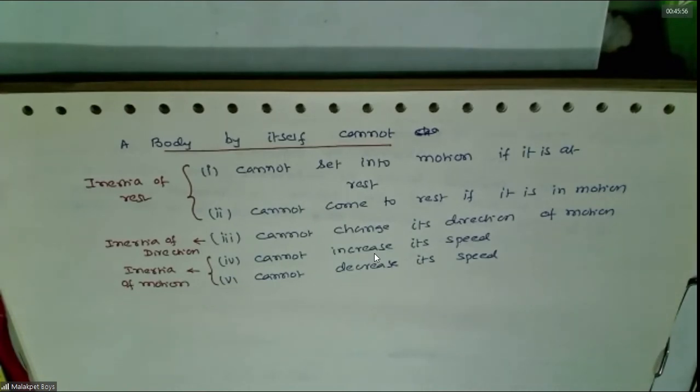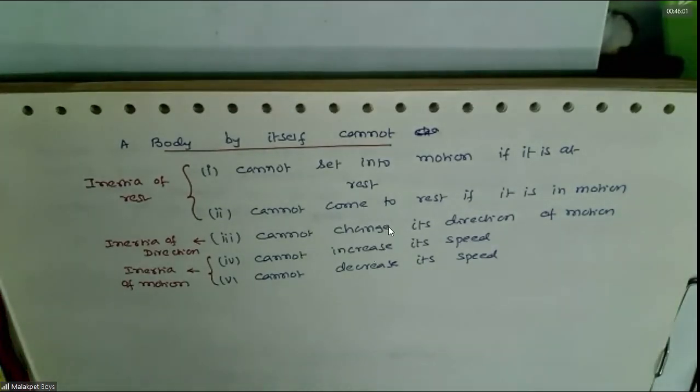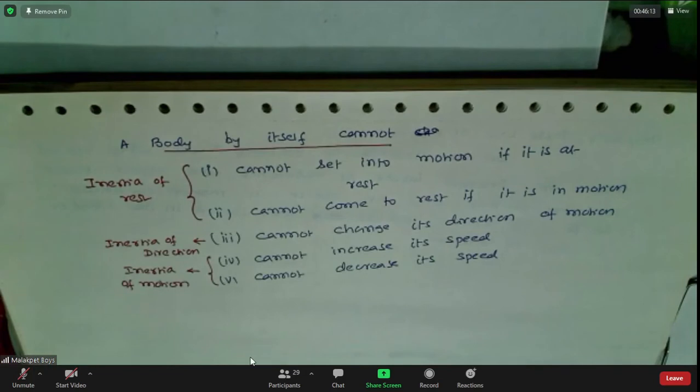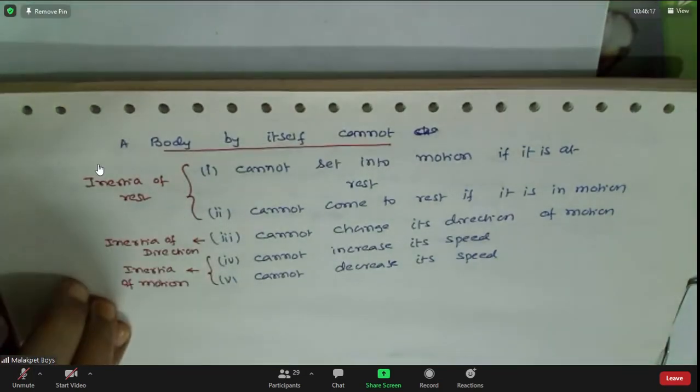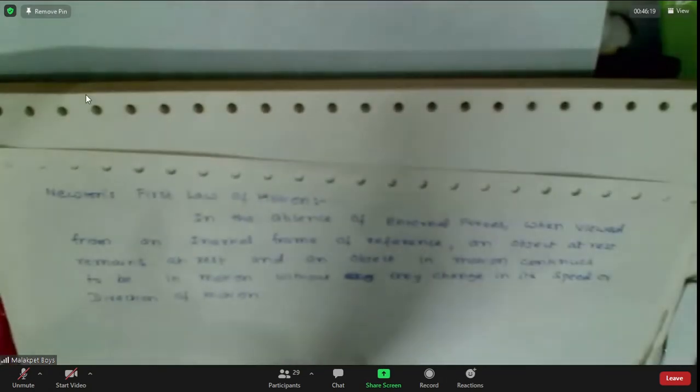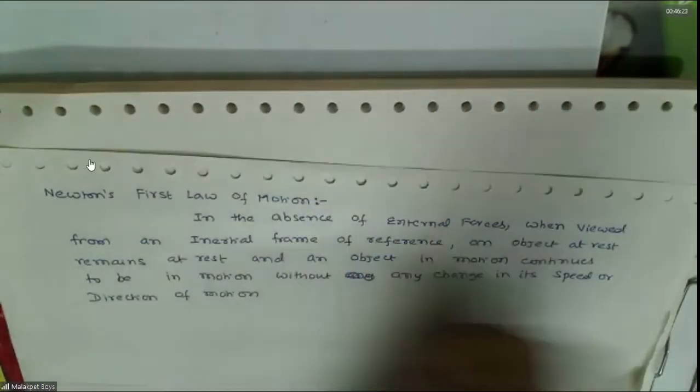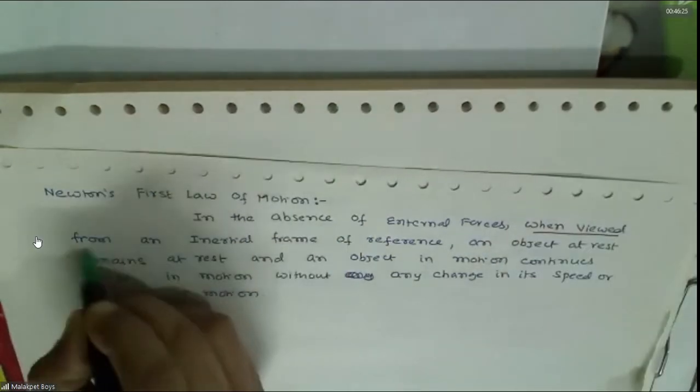You have seen that in the beginning of Newton's laws statement. What is the first line of the first law? In the absence of external forces. No, the starting line. When viewed from which frame? Inertial frames.